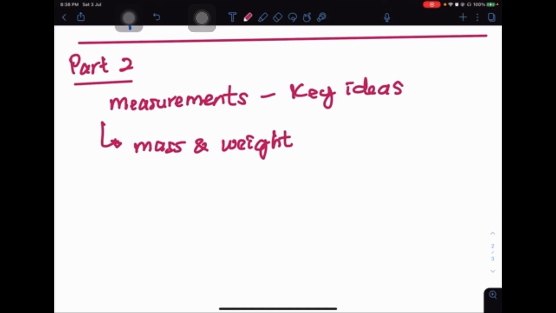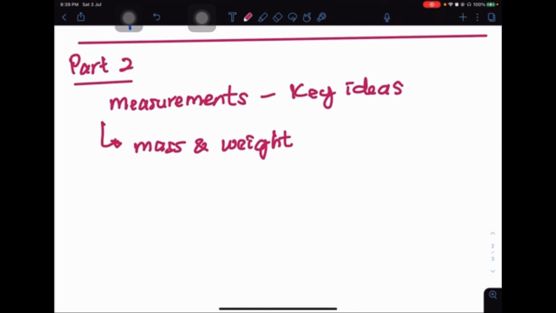For mass, you can use your weighing balance or weighing scale, but for weight, you need to use a Newton meter.